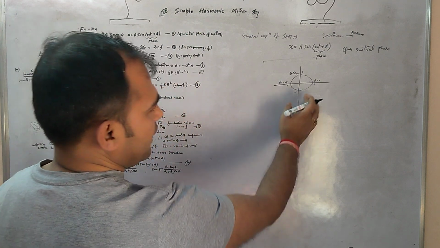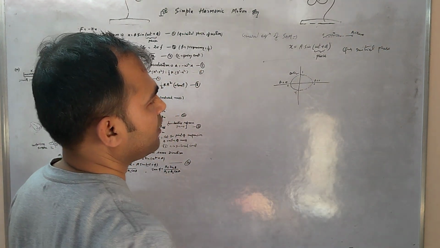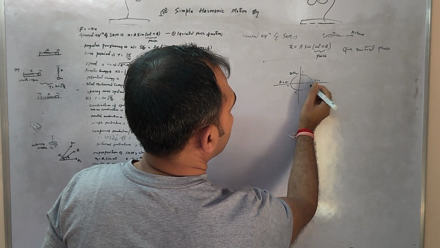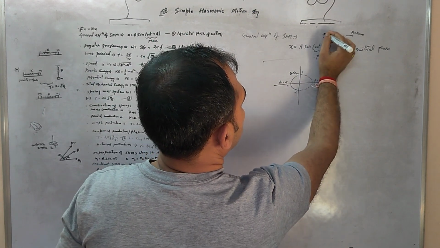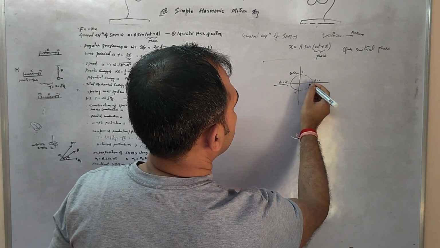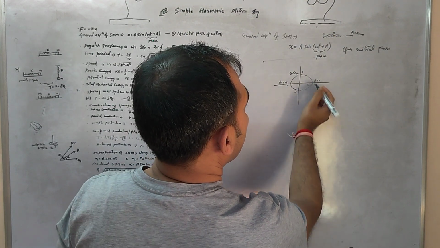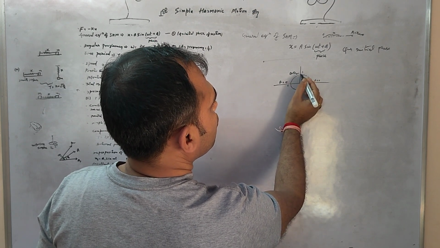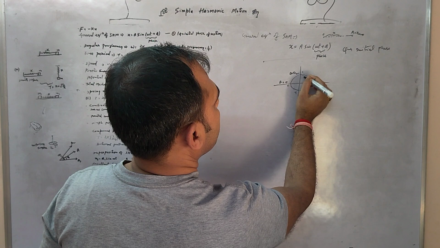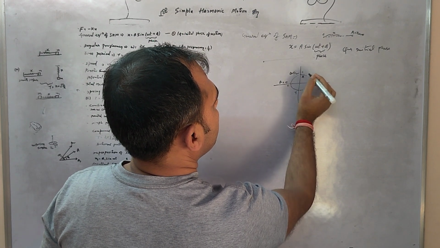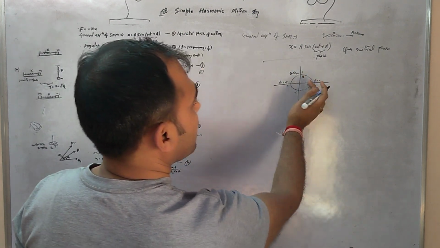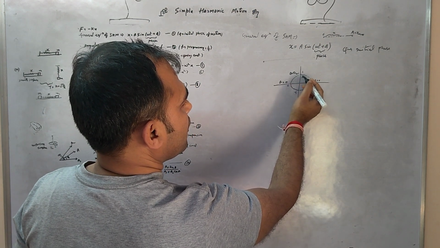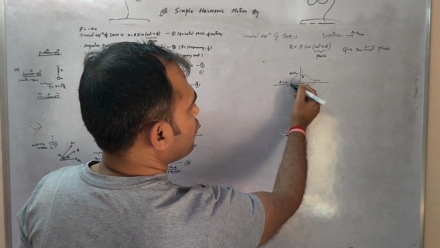So can you relate this from this? Particle starts from this O, or say any point C, reference point, where x is 0, then it goes up to A, that is 1 here, maximum displacement, then again comes back to 0.